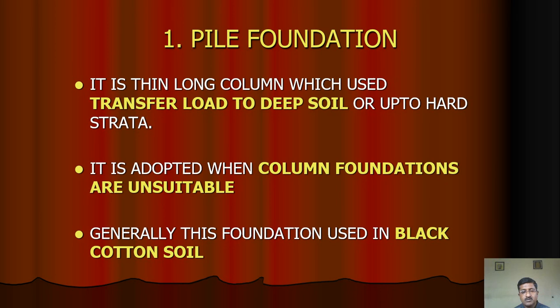But when the moisture goes out, especially in the summer when the soil dries, the volume decreases or it shrinks, and because of this swelling and shrinkage action, cracks develop in the soil, and this property of soil is very dangerous. So the most suitable foundation is a pile foundation, because piles generally rest on a hard stratum. So this property of soil is neglected, because we are directly connected with the hard stratum.